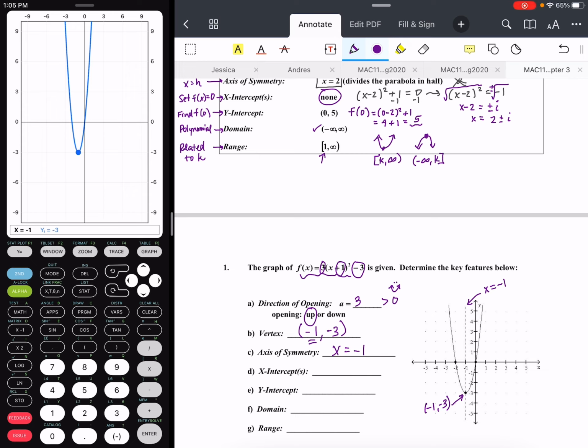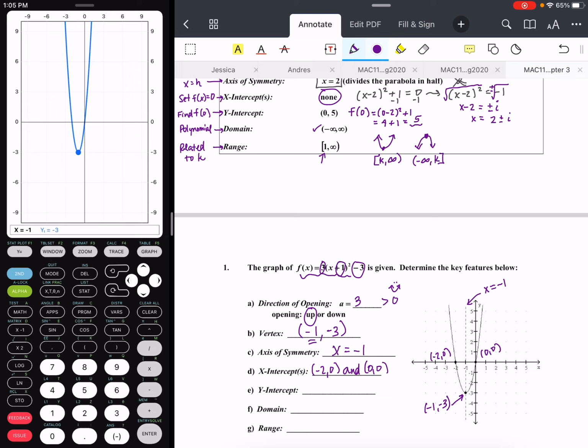All right, for our x-intercepts, we can see visually that we have negative 2, 0, and 0, 0 as our two x-intercepts. Suppose that we had a weird viewing window or something on our calculator.